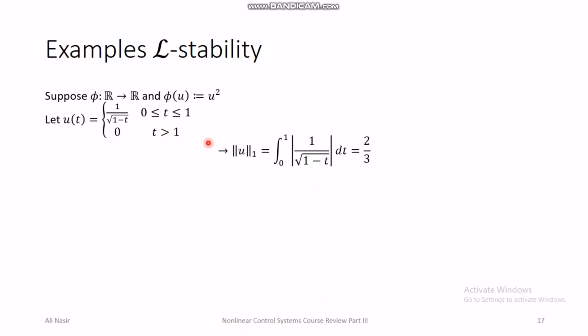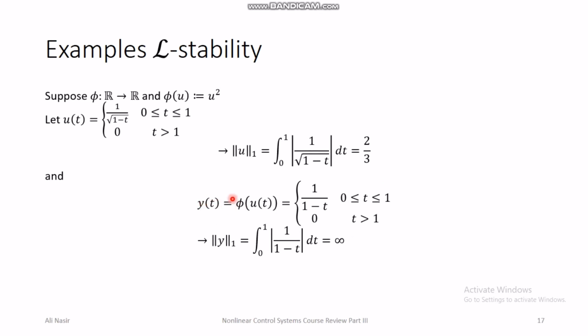Then the norm of u, that is the integral from 0 to 1 of the absolute value of 1 over square root of 1 minus t, is 2. So the input has finite magnitude, but the output, which is the square of the input, will have infinite magnitude. So phi in this case is unstable, it's not small gain stable.